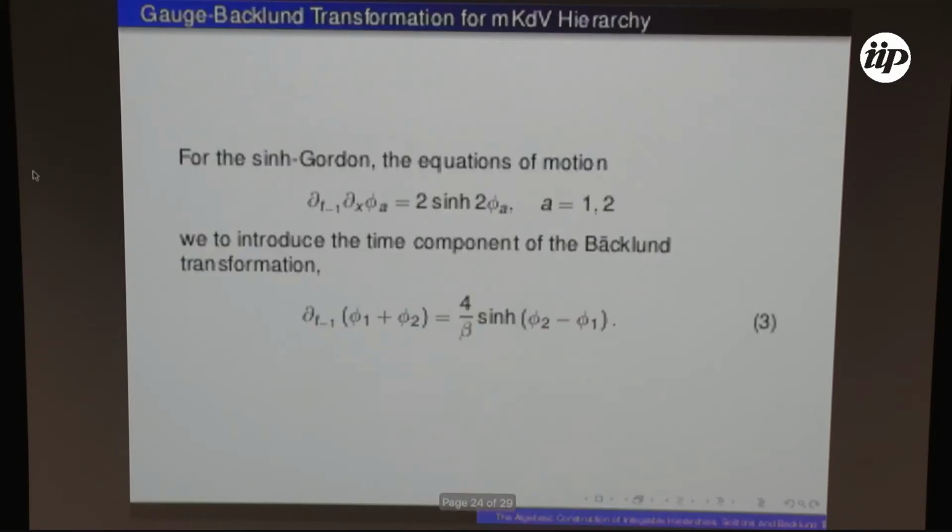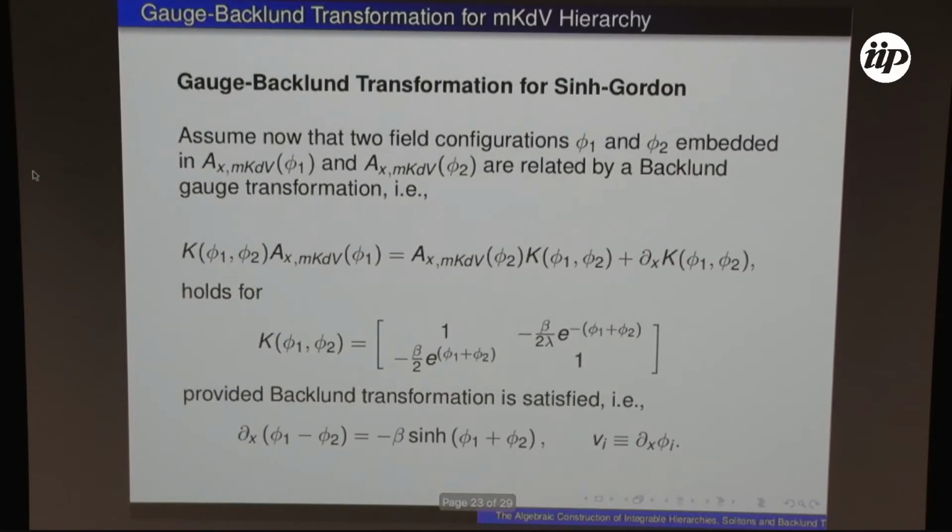The idea was to describe a phi 1 configuration in my gauge potential and a phi 2 configuration being related by a gauge transformation, by a generator K of phi 1 and phi 2 that transforms one into the other.